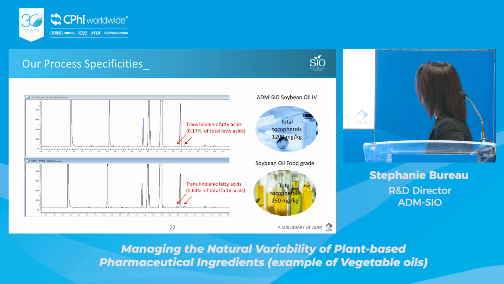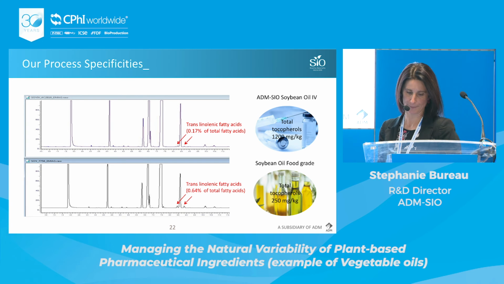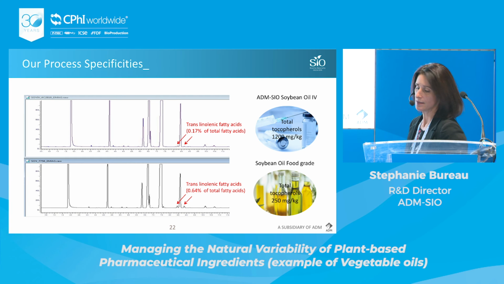We apply a closed batch process purification under high vacuum and nitrogen to avoid any contamination and oxidation of the oil. We also use special quality of bleaching clays and activated carbon, and in much higher amounts compared to what is done in the food industry.